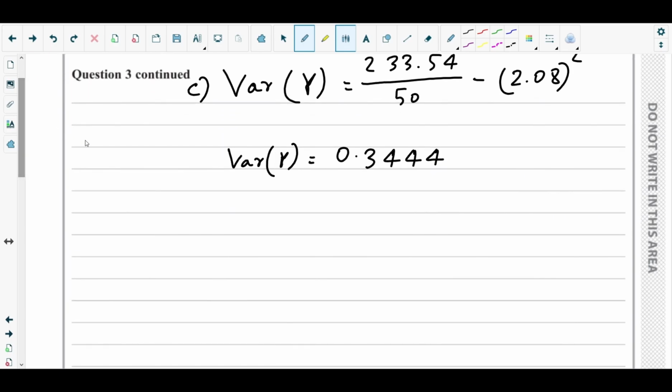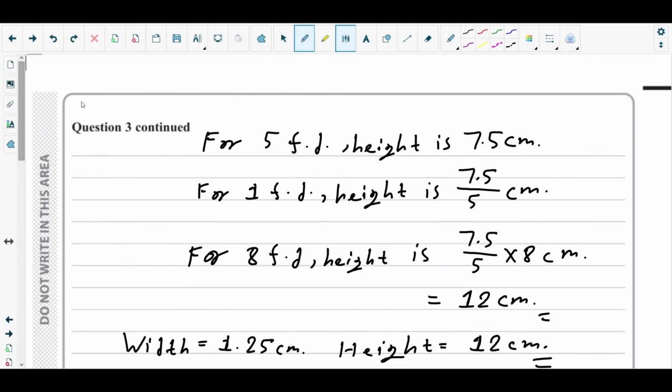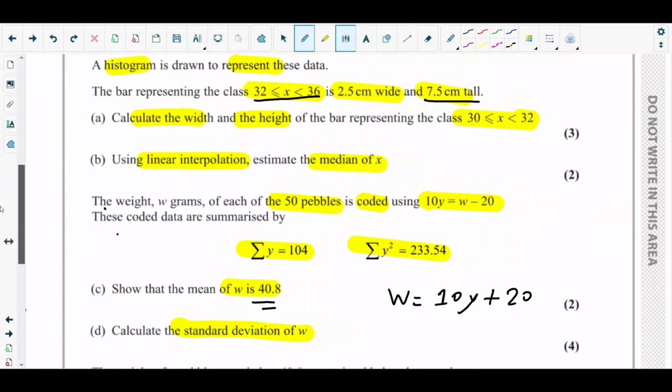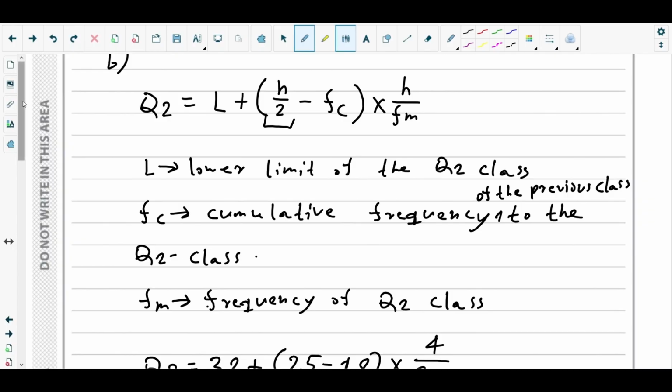Okay, so y can be written as W over 10 minus 2. If we make y the subject, then y equals 1 over 10 w minus 2.